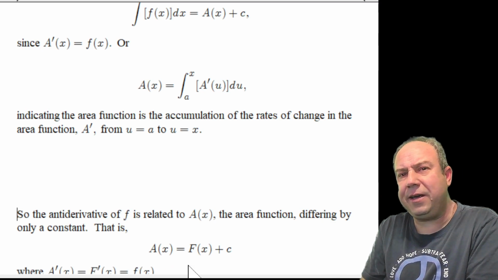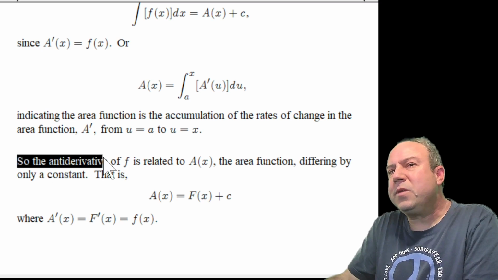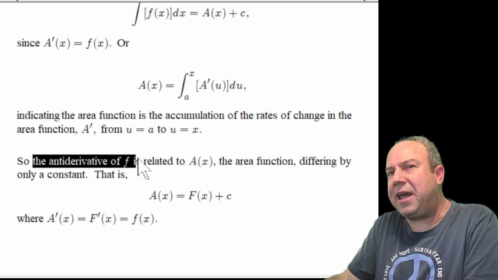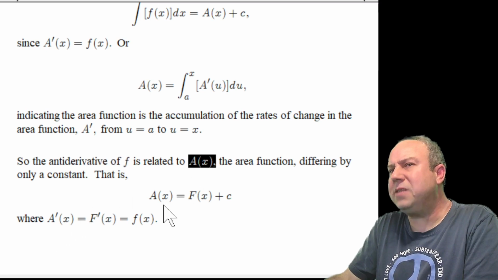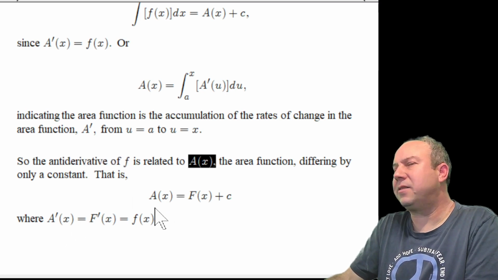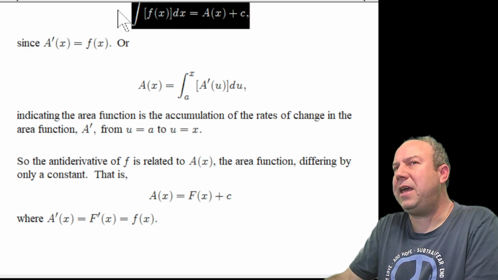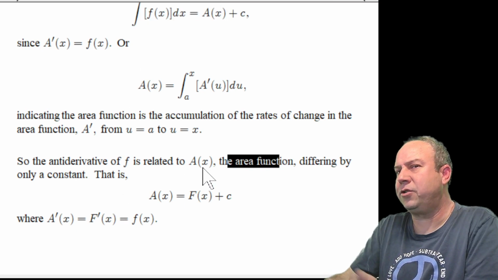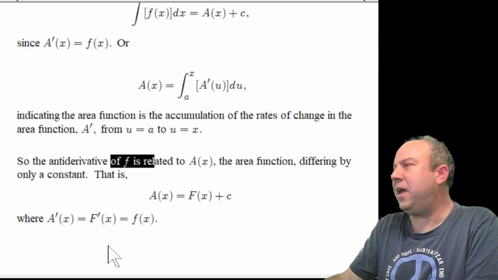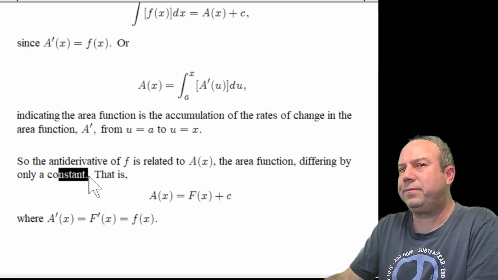What we're showing here is that the antiderivative of f must be related to A of x. Right? A of x is going to be the antiderivative of f. Those two things are related. The area function is related to the antiderivative of f. They only differ by a constant.